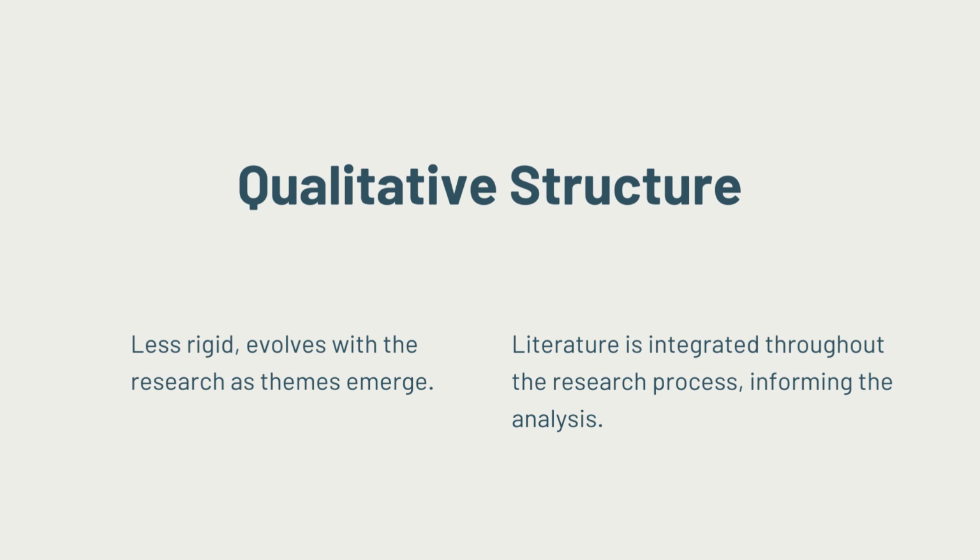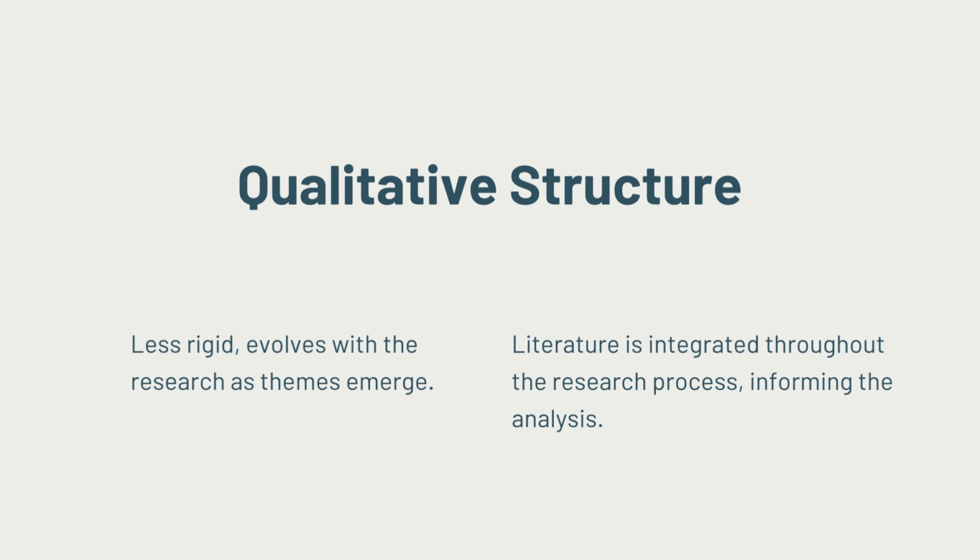In qualitative research, the literature review is often more flexible, and you can say that it is also more integrated throughout the study. So you can find literature review that is woven into the introduction, some of it is in the analysis and discussion, and some of it obviously in the review of related literature chapter. And this helps you interpret findings as they emerge.